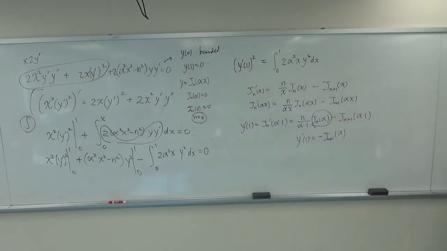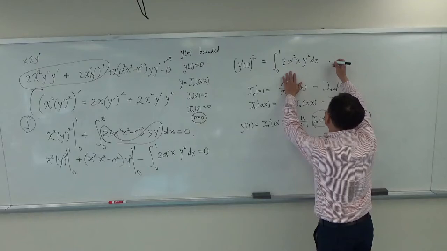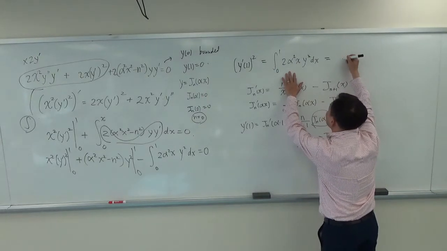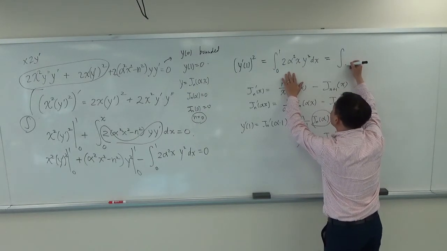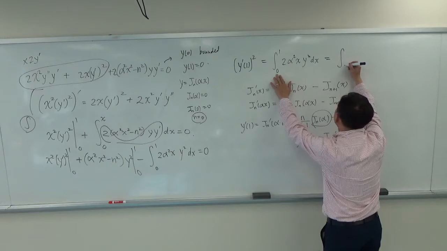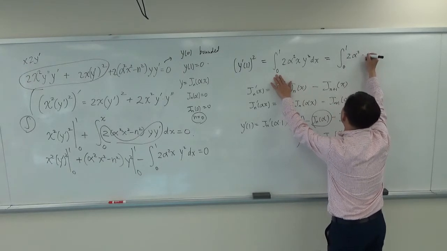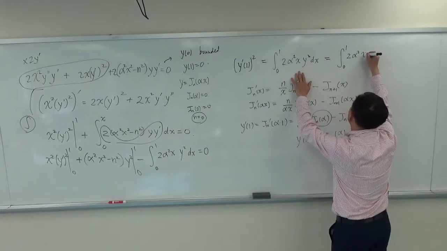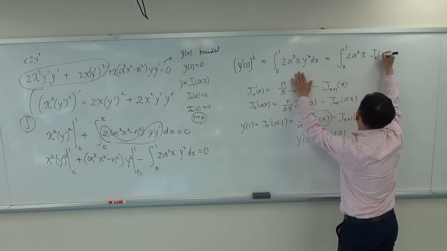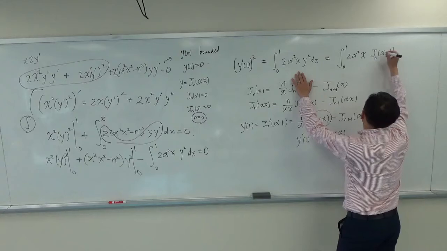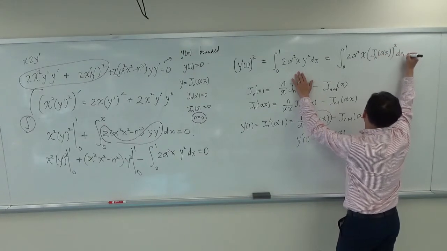Now, there is something I should say about the right side, because if you actually write this, we're off by an alpha. This is the integral from 0 to 1 of 2 alpha squared x jn of alpha x squared dx.